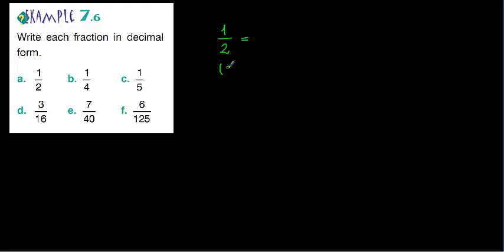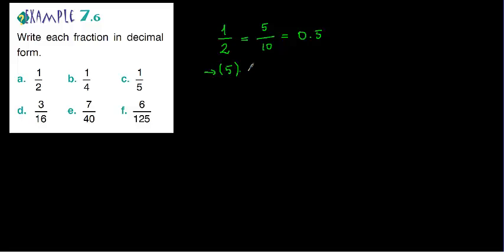I'm going to multiply by 5, because I understand that 5 times 2 is equal to 10. That's why I multiply the numerator and denominator together by 5. So 1 over 2 becomes 5 over 10. And when it is 5 over 10, I understand that this is going to be 0.5.